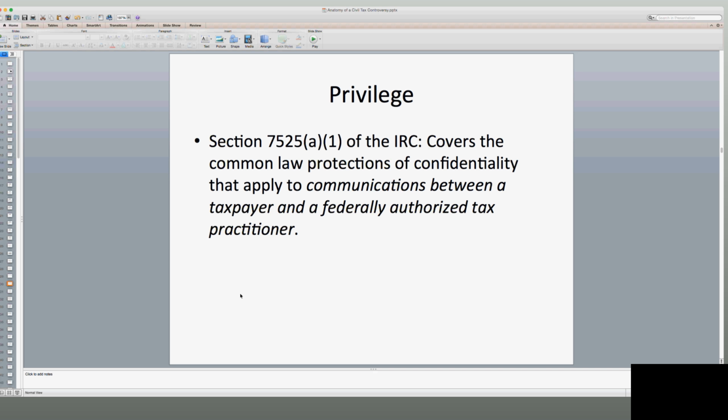And for those of you wondering what type of tax professionals fall under the federally authorized tax practitioner umbrella, it's all the ones you might expect, from actuaries to CPAs to enrolled agents. It's very liberal in terms of the type of tax professionals that it encompasses.